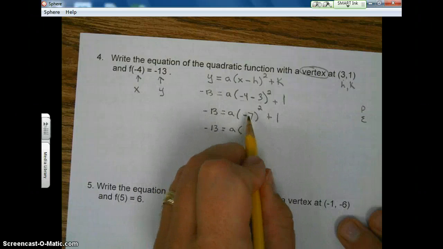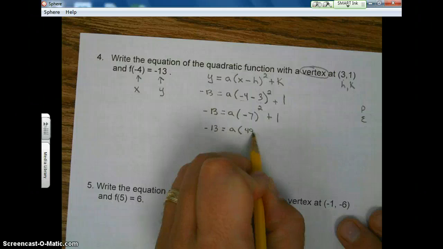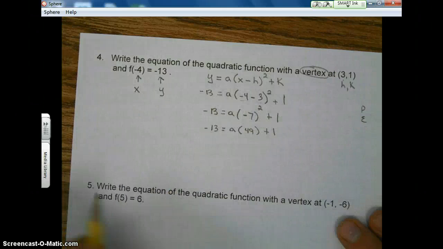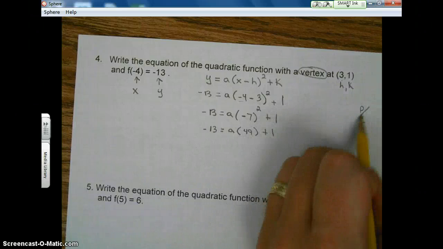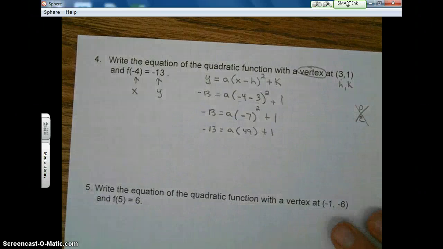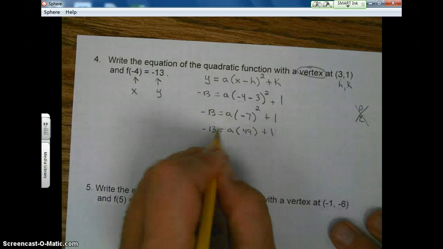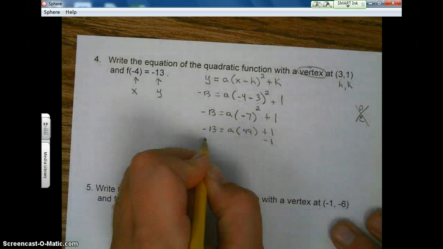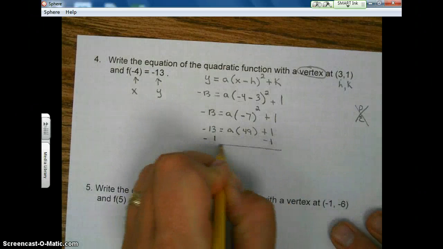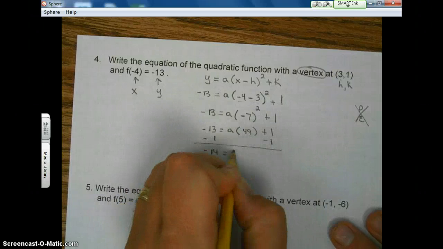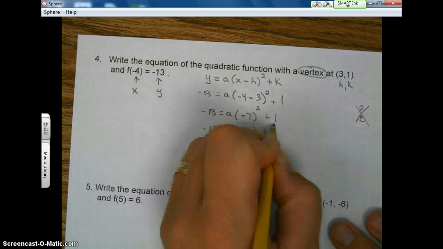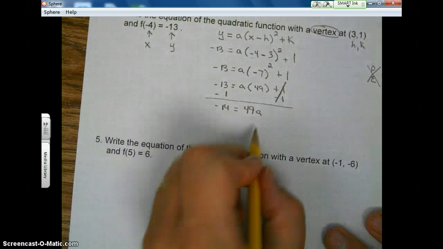Negative 7 times negative 7. So now we solve. We're done simplifying, so we're done using PEMDAS. Subtract 1 from both sides. So we got negative 14 equals 49a. Switch those around. Divide by 49.